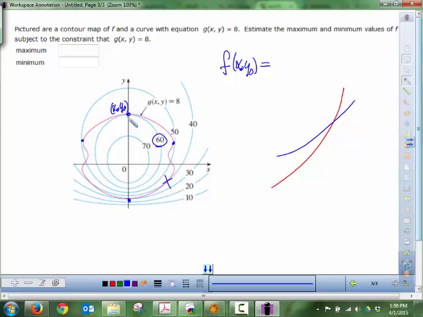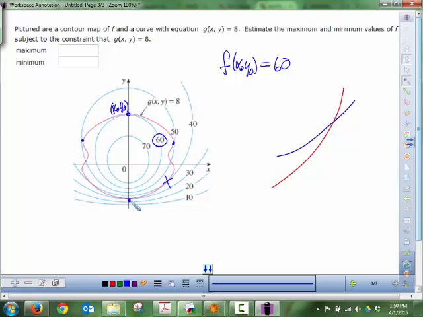If this is a little bit off, I would go give or take, and then we'll talk about which give or take when we take a look at this other one. So this is right on the dot. So I would say this particular x naught, y naught is going to give us an f value of 60.